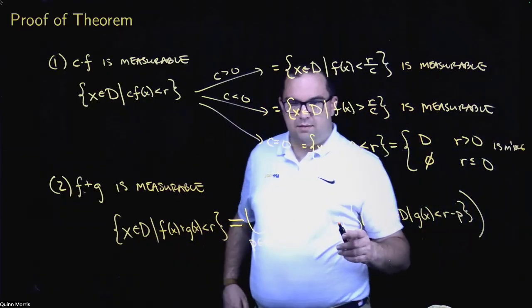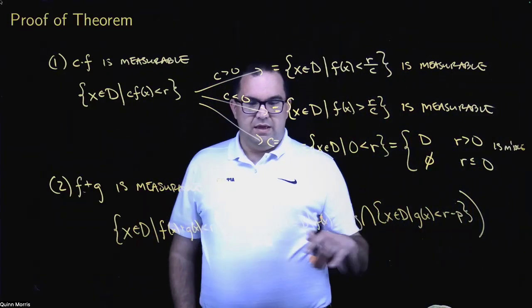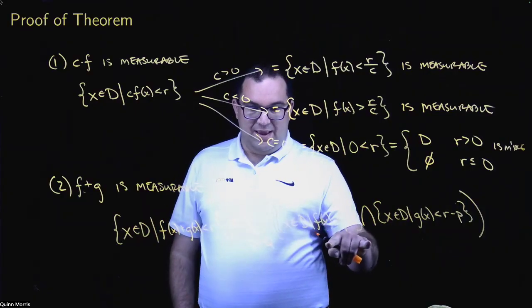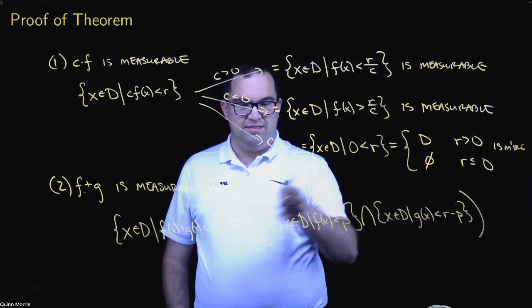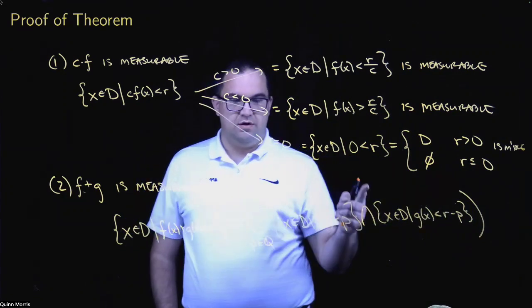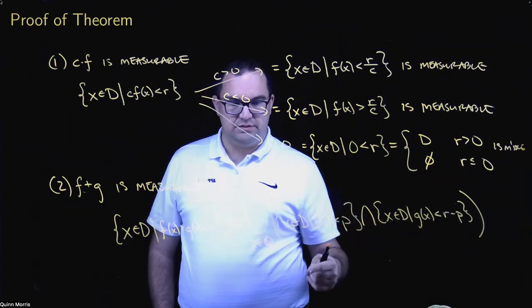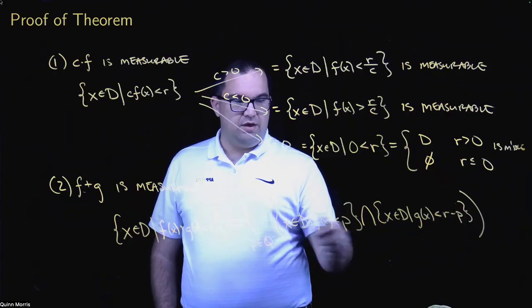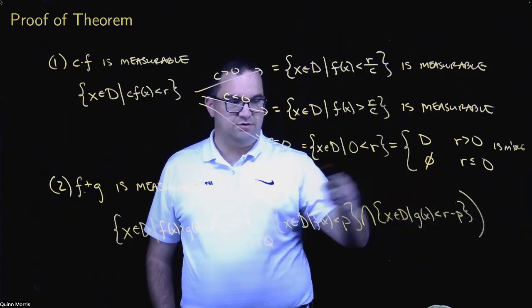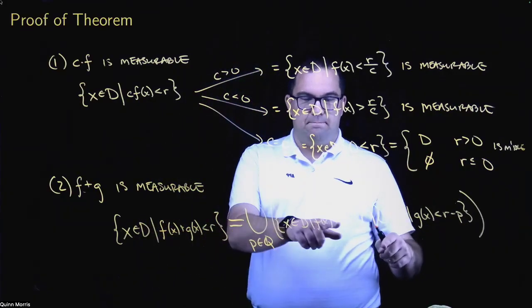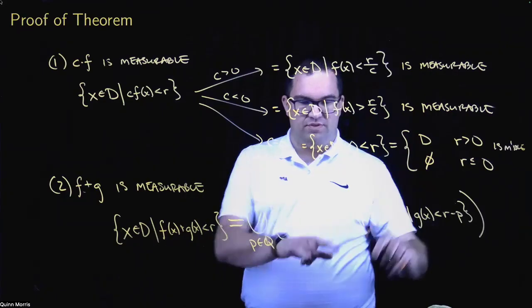Well, certainly, if I take an X value that's in this union, then it has to be in one of the pieces. If it's in one of these sets, each of which is an intersection, then for some p-value, it is in both of these sets.